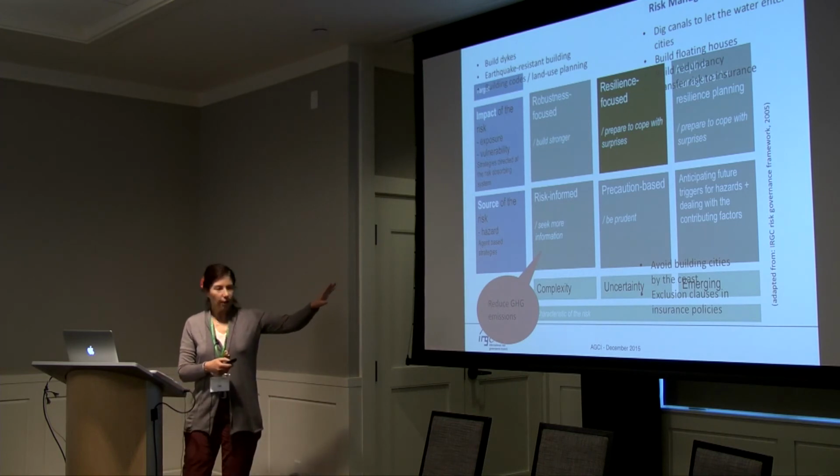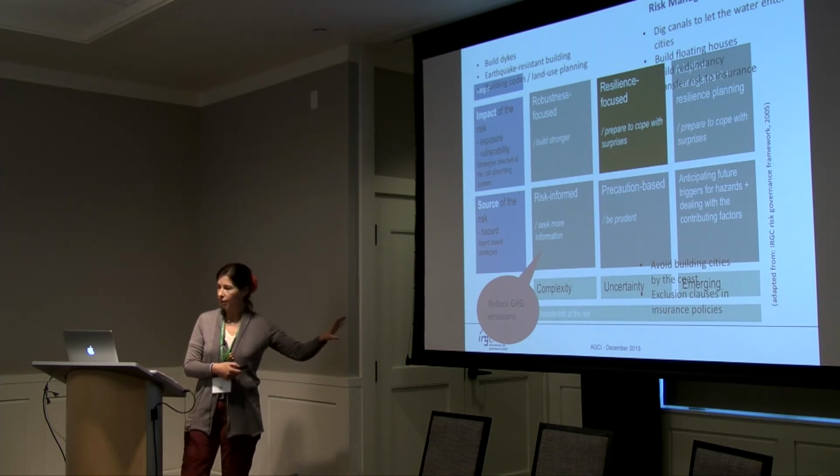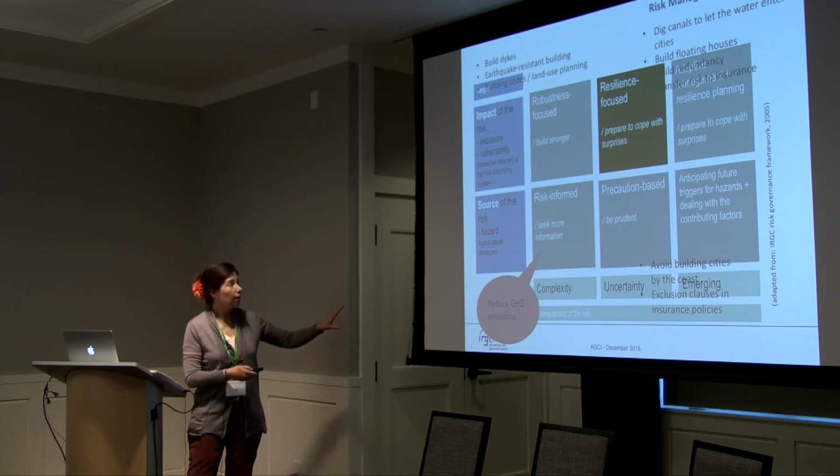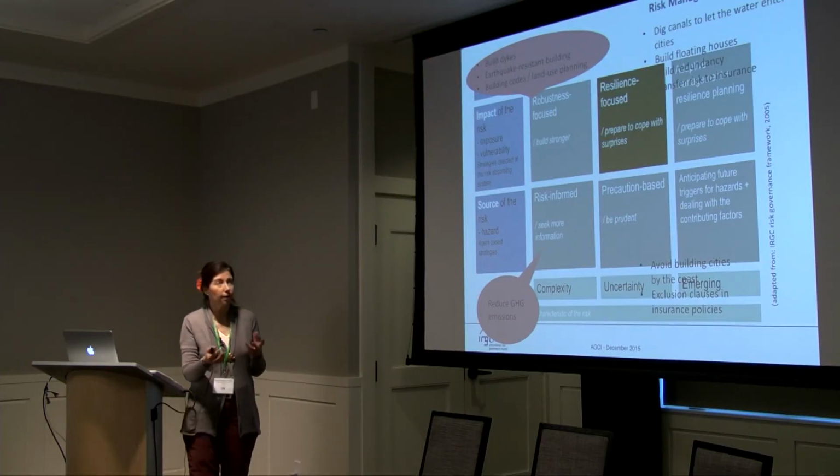Let me finish with a few examples. On risk-informed strategies, the purpose, for example in the case of climate change, is to reduce greenhouse gas emissions. Robustness: building dikes and levees. Earthquake-resistant buildings: in earthquake-prone areas, the first thing to do is building codes that tell people how to build their houses. Quite often this is missing, at least in many countries in the developing world. Land use planning also.